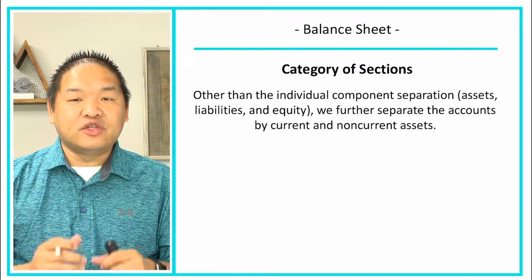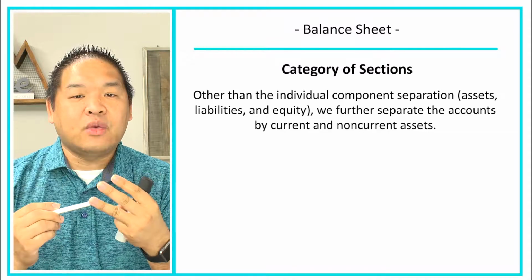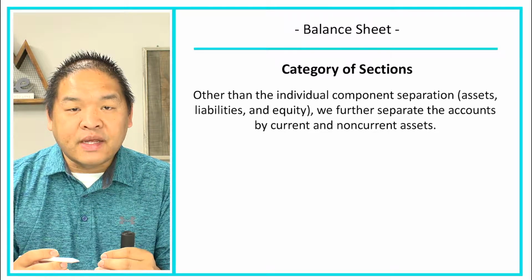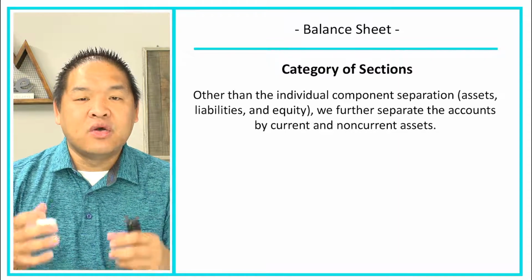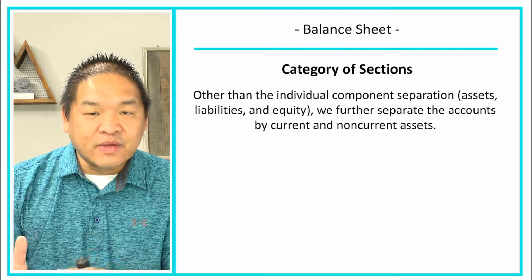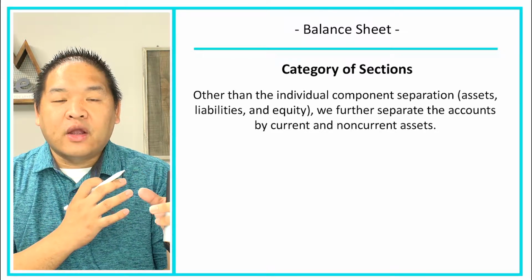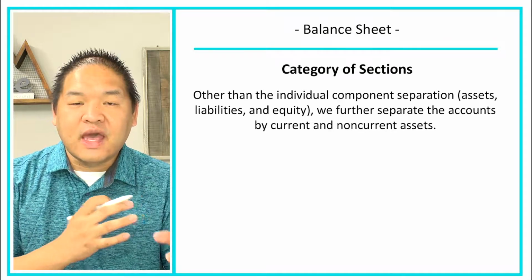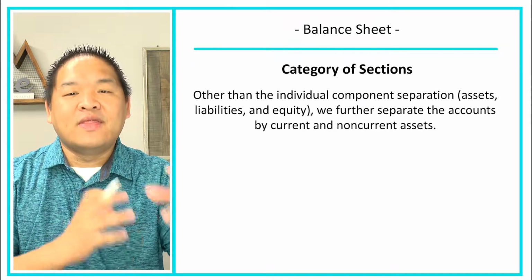Now, other than individual component separation, so we are going to separate it by assets, liabilities, and equity, we're also going to separate it by what we call current and non-current. So this really specifically deals with assets and liabilities, not necessarily equity, but we're going to look at what accounts are current and what accounts are non-current and organize them that way, and then by liquidity.